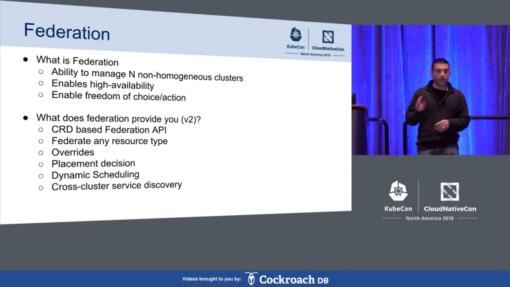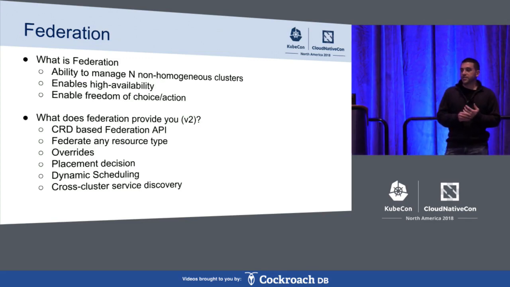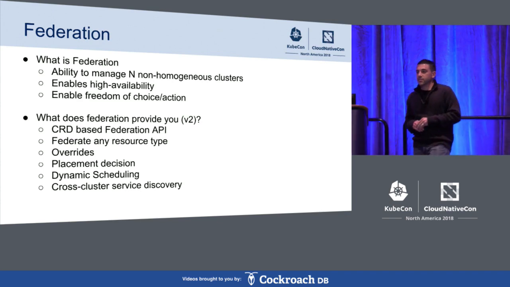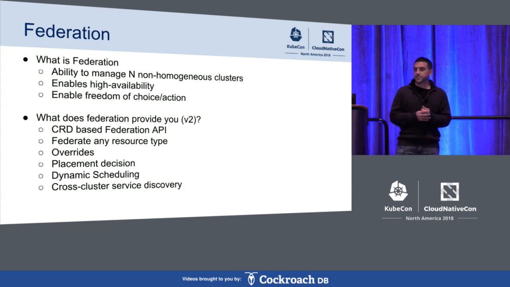So what is Federation? Well, it's the ability to manage n non-homogeneous Kubernetes clusters. These could be clusters in public cloud, private cloud, basically any Kubernetes cluster that you have the API server access information to. And so it basically allows you to synchronize your resources across all of these clusters.